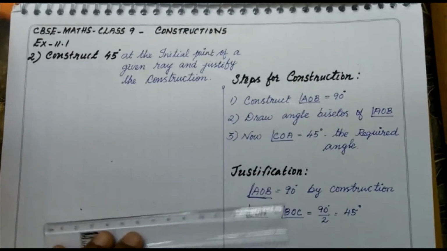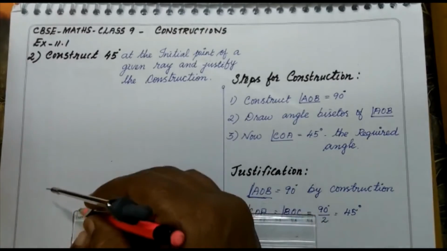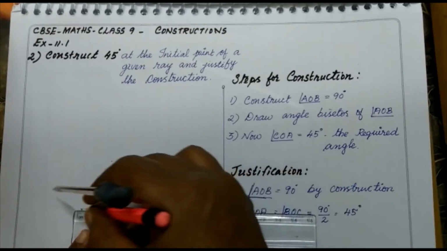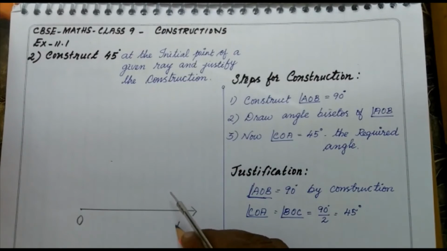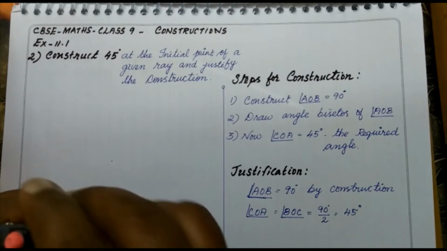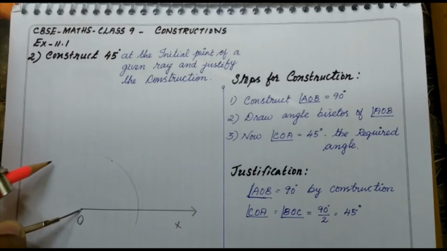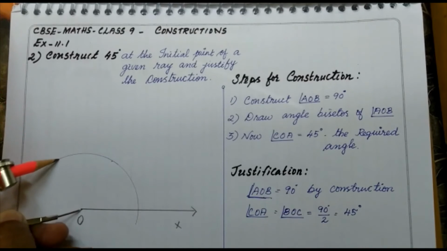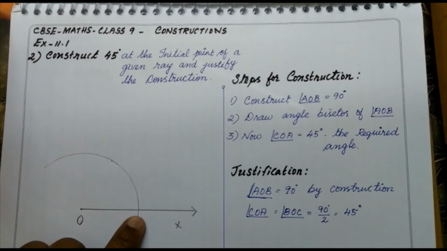So for constructing 90 degree, as usual, I am going to draw a ray OX. I am going to construct a longer arc which intersects OX at some point.